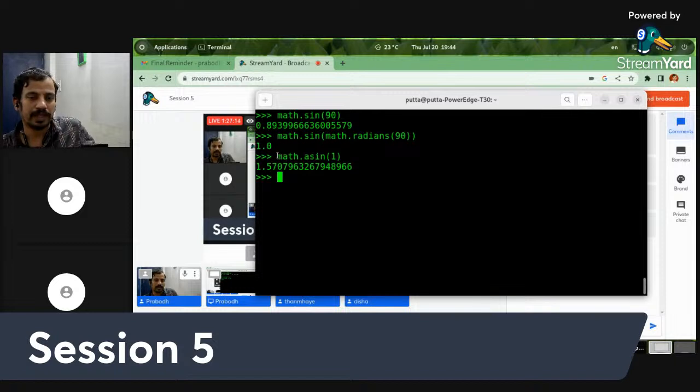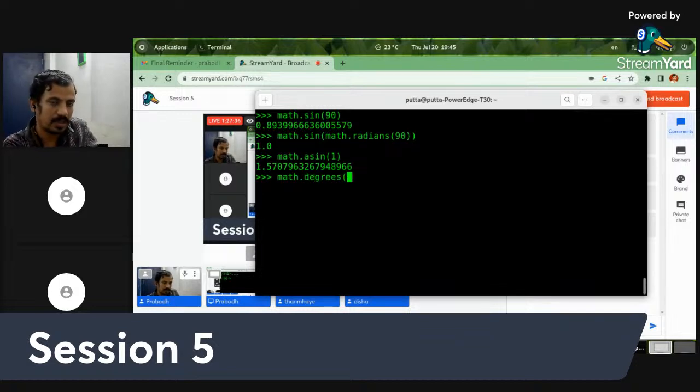So if you find the sine inverse of 1, you are getting it in radians, and this result we have to convert into degrees. So to write it as a single instruction, we have to write math.degrees of math.asin of 1.